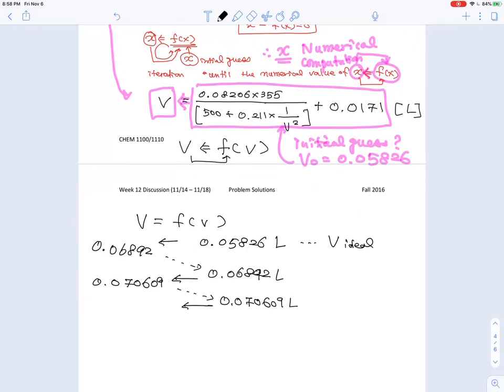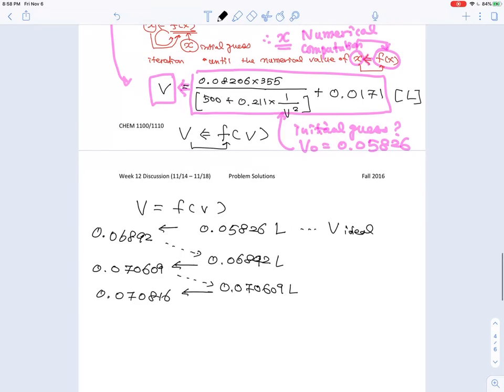And then you will find out that this is 0.0700816, and you can put that in, 0.070816 liter, and then recompute the volume.